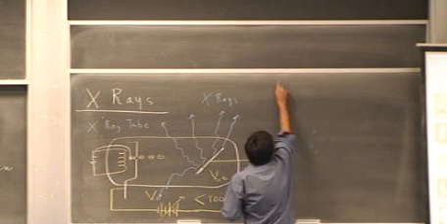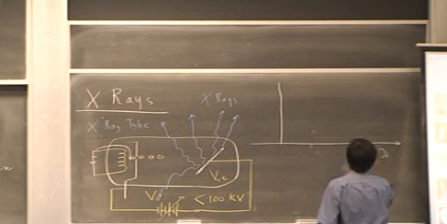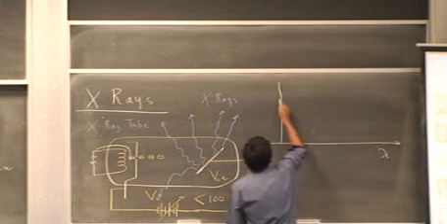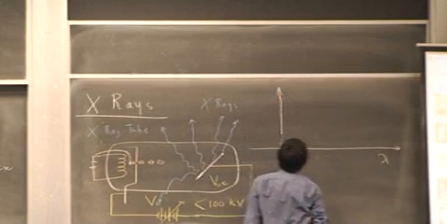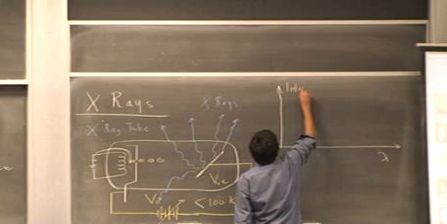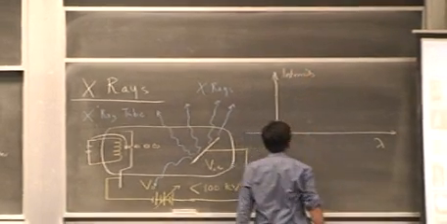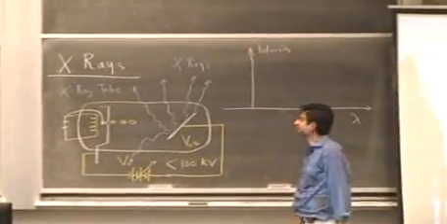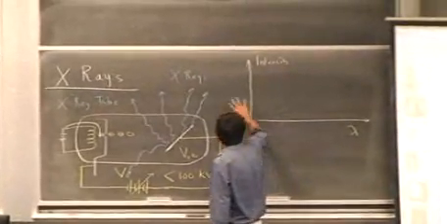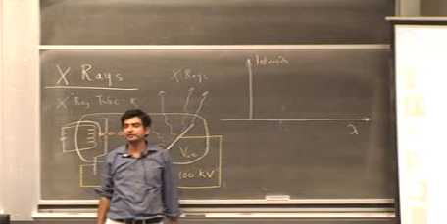Now if I were to plot the wavelength of the emitted radiation and the intensity of the X-rays emitted, what is this kind of graph called, in which you plot intensity versus wavelength? We have seen such examples many times, even in demos.